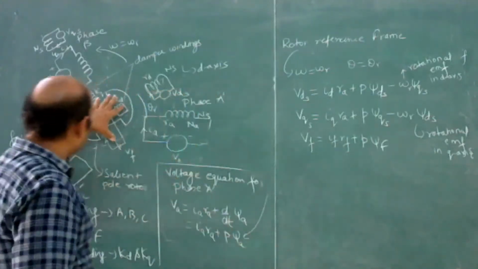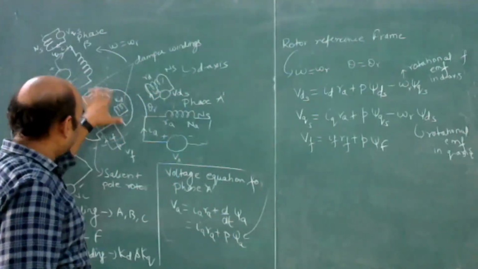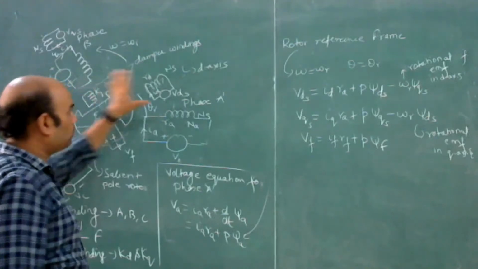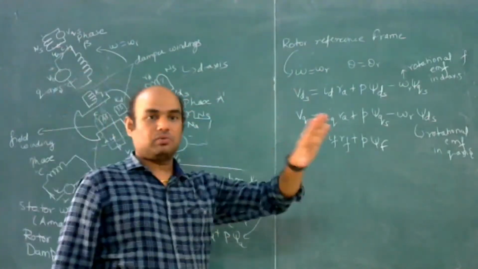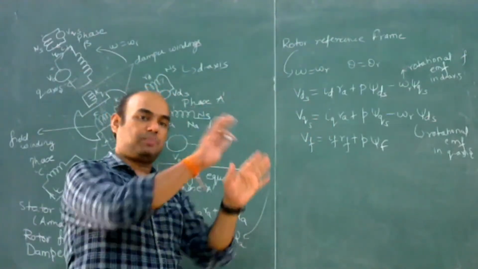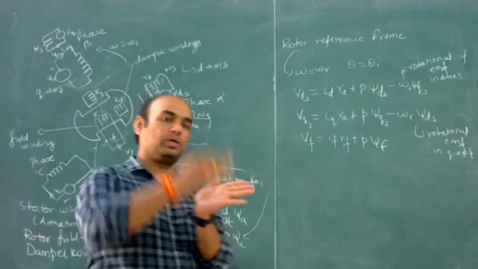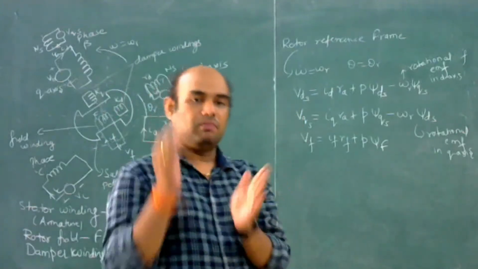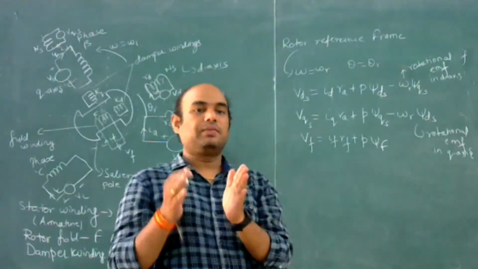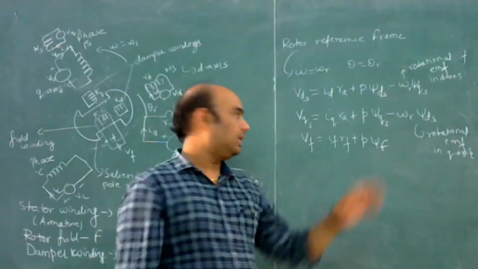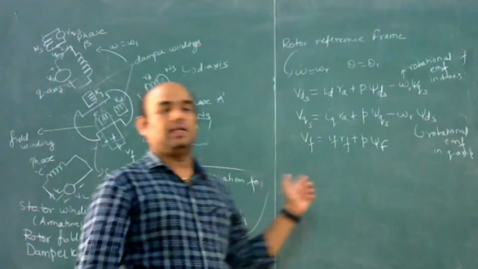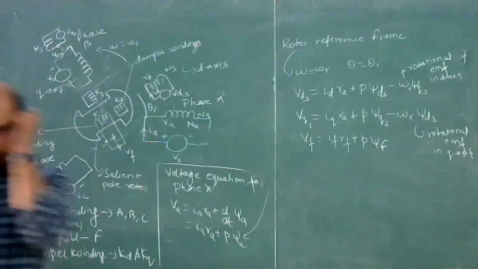Okay, because this field winding or rotor winding is attached to the rotor reference frame, so they are running with the same speed. So the relative motion between rotor and rotor reference frame will be zero. That's why there will be no rotational EMF induced in field winding.